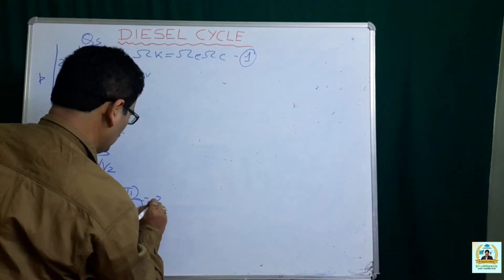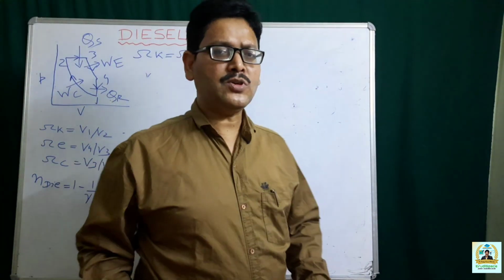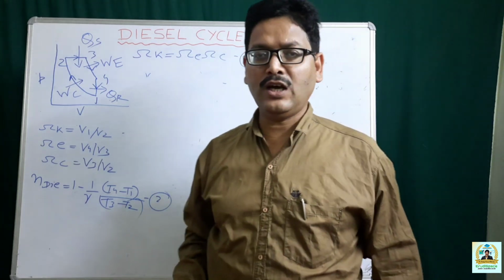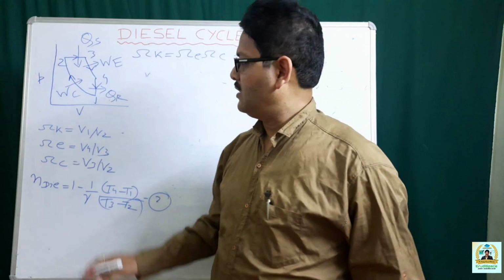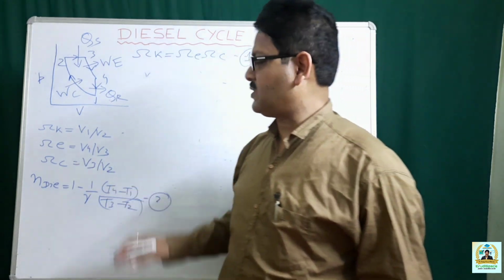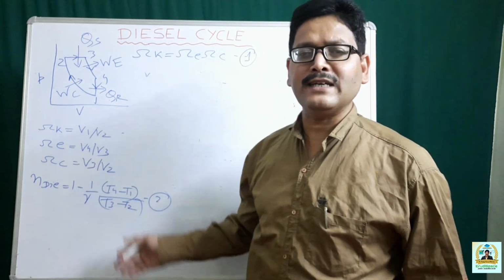So this is your equation 2, and this equation 2 actually represents the efficiency of the Diesel cycle in terms of temperatures at cardinal points.